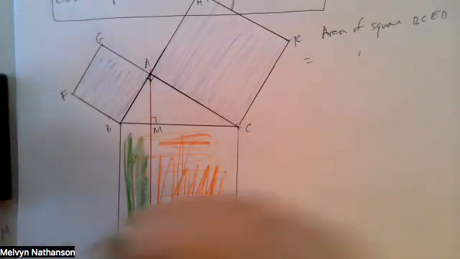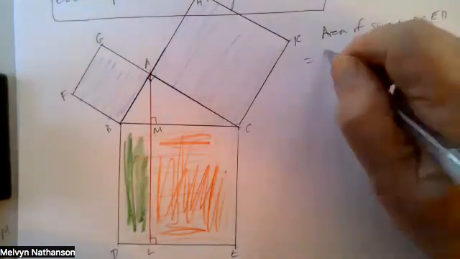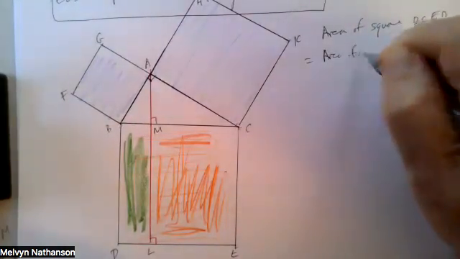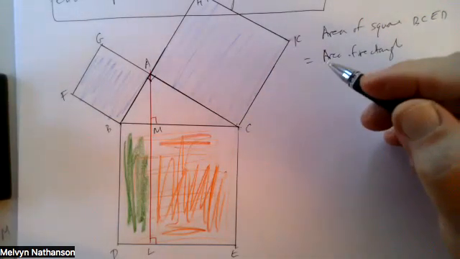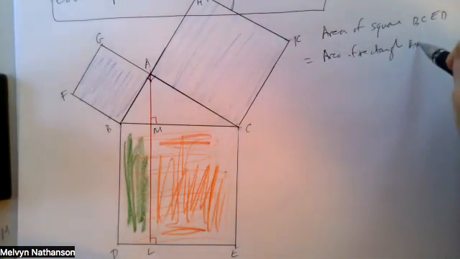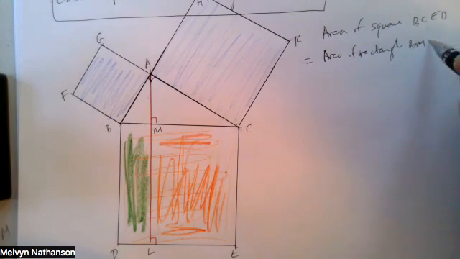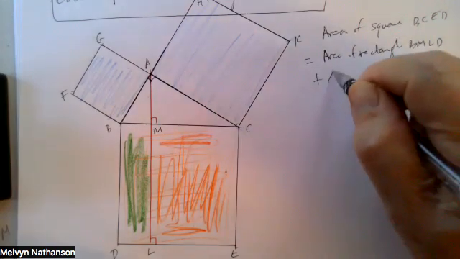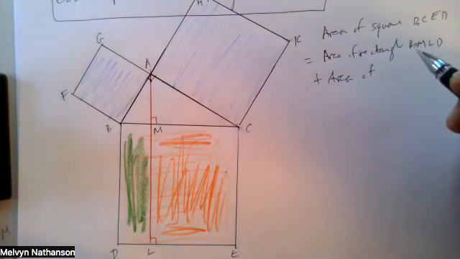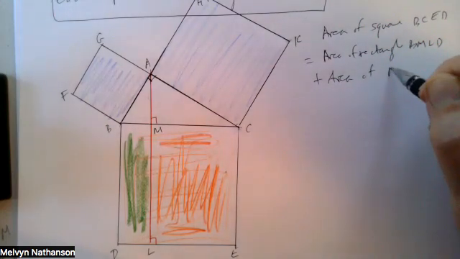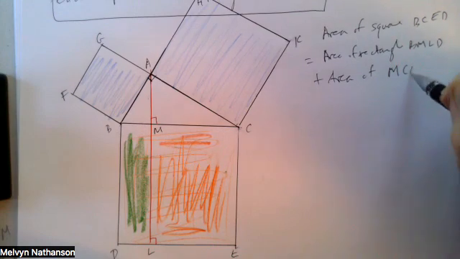So the area of this big square is the sum of the area of the green rectangle, BMLD, plus the area of the orange rectangle, MCEL.